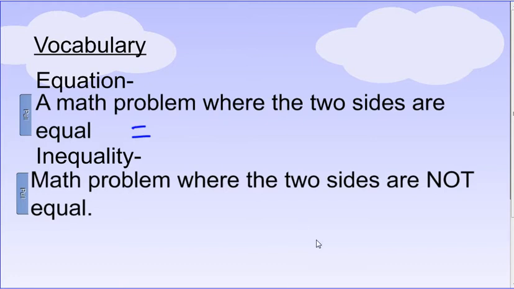One side is bigger than the other, or one side is smaller than the other. It might be greater than or equal to, less than or equal to. It could be all kinds of things. When we get to solving them later in the school year, Chapter 3 for equations, Chapter 6 for inequalities, you're going to see that they're solved pretty much the same.